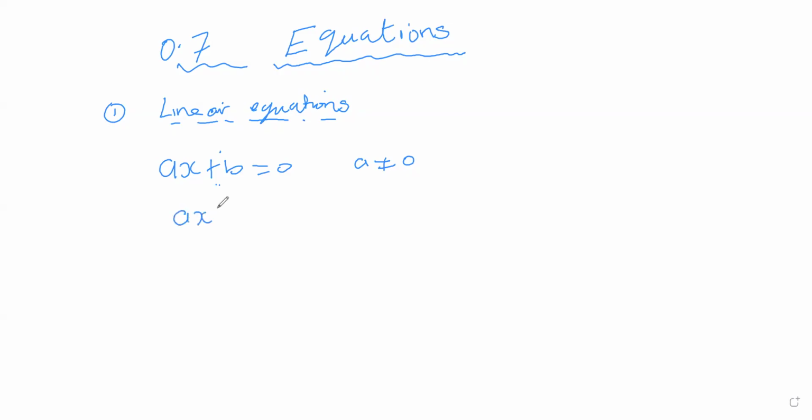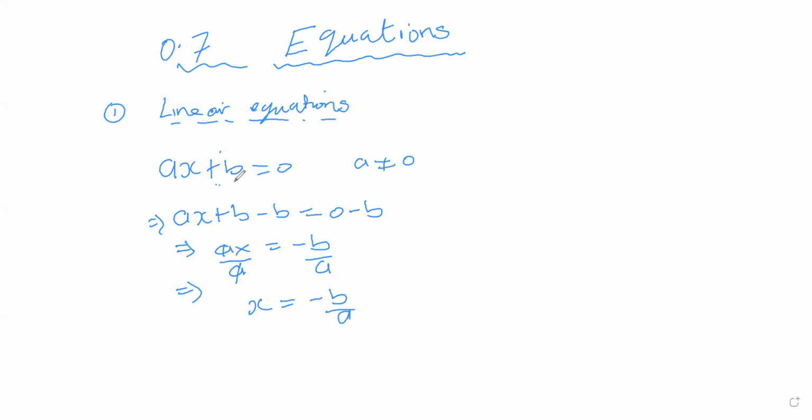So it becomes ax plus b minus b equals 0 minus b, which is actually ax equals minus b. We then isolate x by eliminating a, and the only way we can eliminate a is to divide on both sides so that it cancels, and we are left with x equals minus b over a as our solution to the linear equation. So that's basically how linear equations are solved.